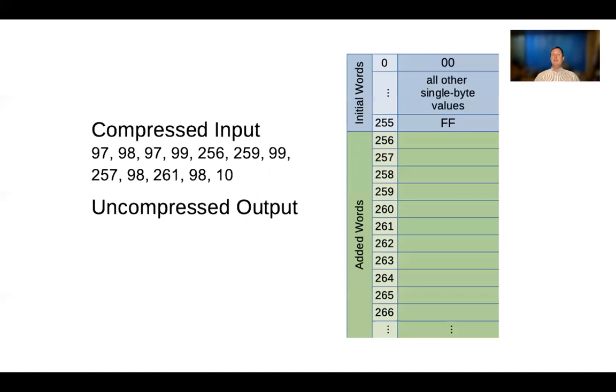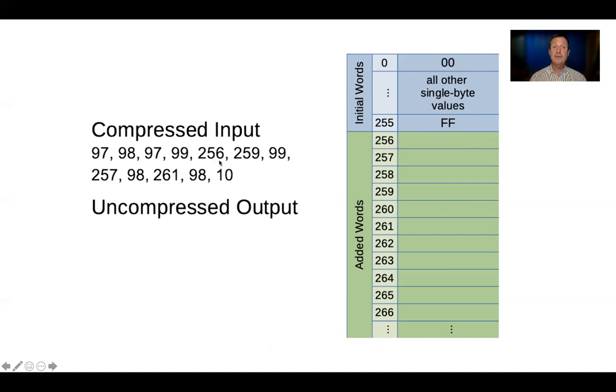So here we're going to do the same thing backward. We'll pretend we're the decompressor. When we look at the input file, it's just a sequence of codes, for us, 10-bit codes by default. We're going to build the uncompressed output. And as we do that, we're going to fill in the dictionary, because you can see some of these codes are for dictionary words that we better figure out before we get to these codes.